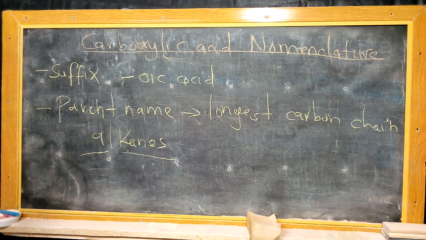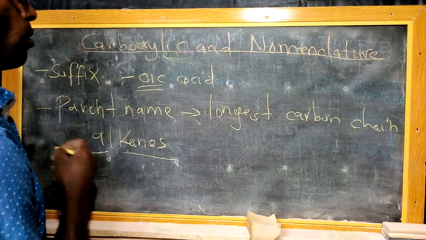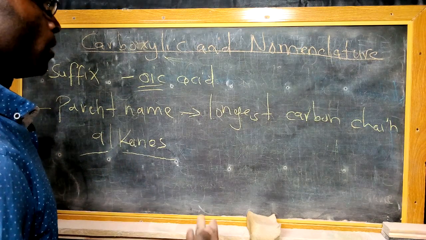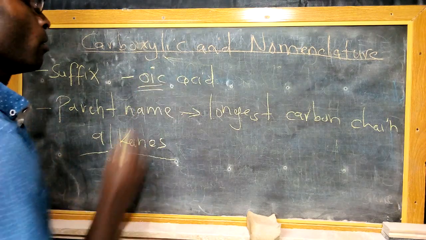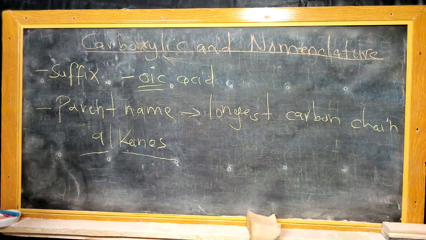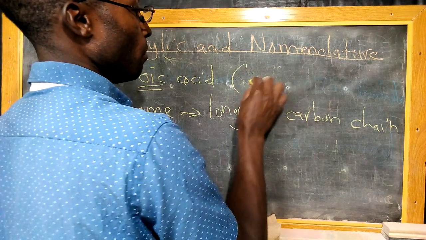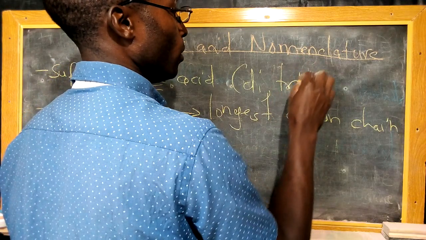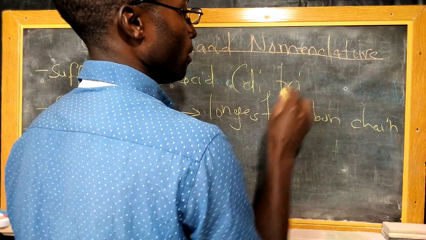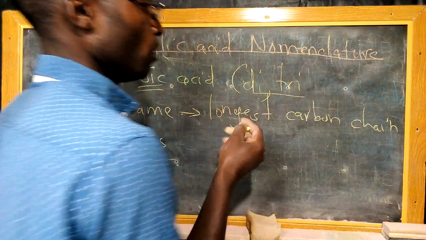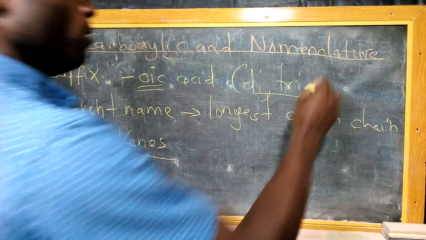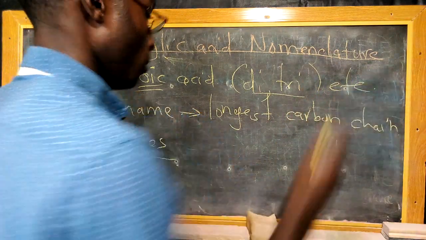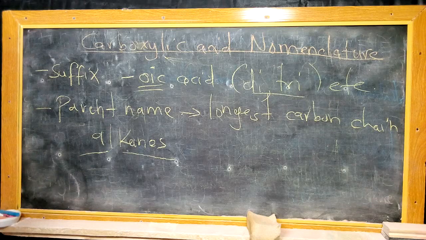In case there is a repetition of the functional groups, we are also going to use the terms di for 2, tri for 3, tetra for 4, etc. These are the prefixes for the functional groups. So that rule also holds for carboxylic acids.